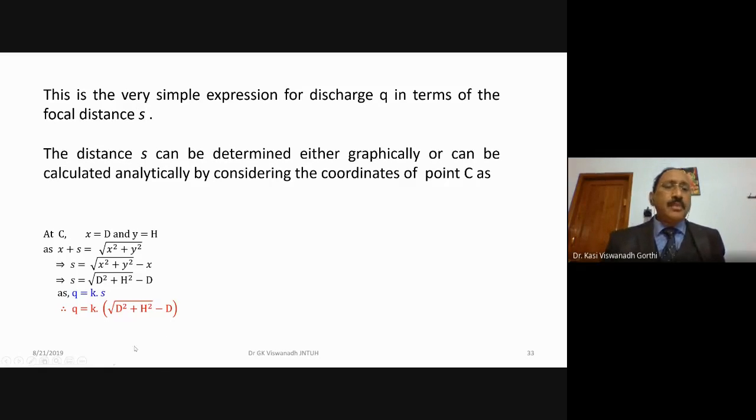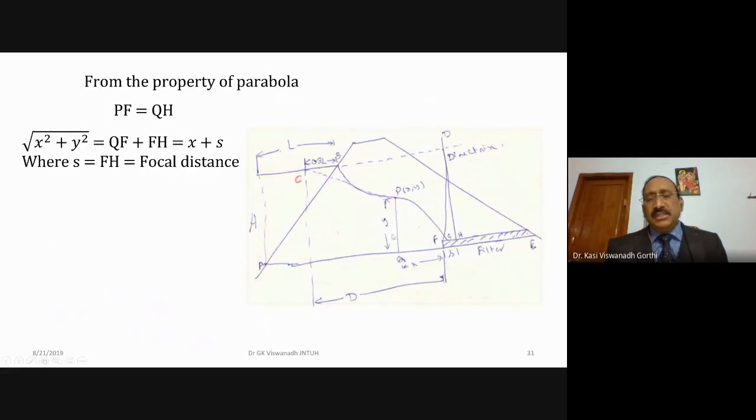The distance S can be determined either graphically or analytically by considering the coordinates of the point C. At C, the value of x will be equal to d and the value of y is equal to H. In the figure, you can see d and H. Maximum y can become H, and similarly, x can take a maximum value d.